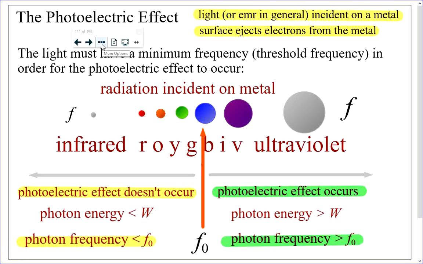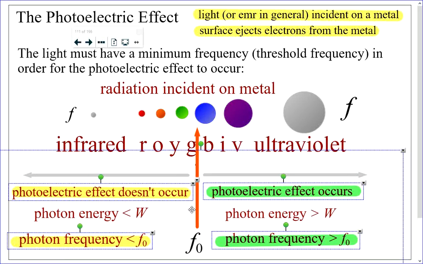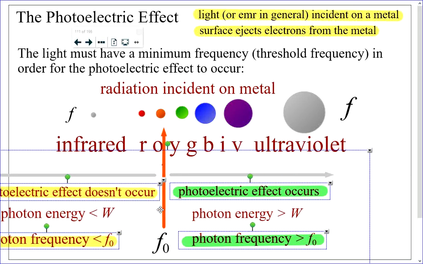So if we have a different metal, and the threshold frequency of the different metal is over here, now green photons and yellow photons do cause the photoelectric effect to occur, but orange still does not. And violet continues to do so, and so does ultraviolet.